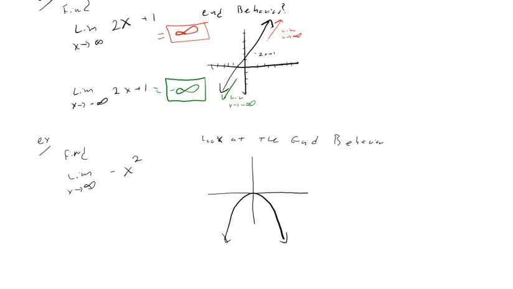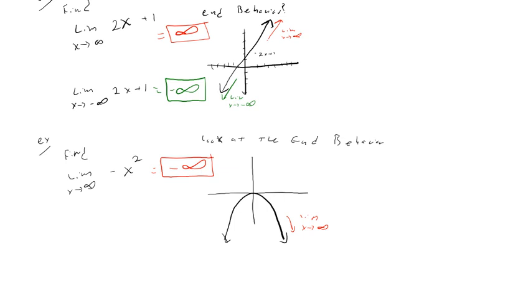So then, well, we look at our infinities, right? What is it approaching on the positive infinity side? What's the graph doing? Going down forever, right? So here is the limit as x approaches infinity. We're going towards negative infinity. The graph is going down. Down is the end behavior. End behavior is going towards negative infinity.